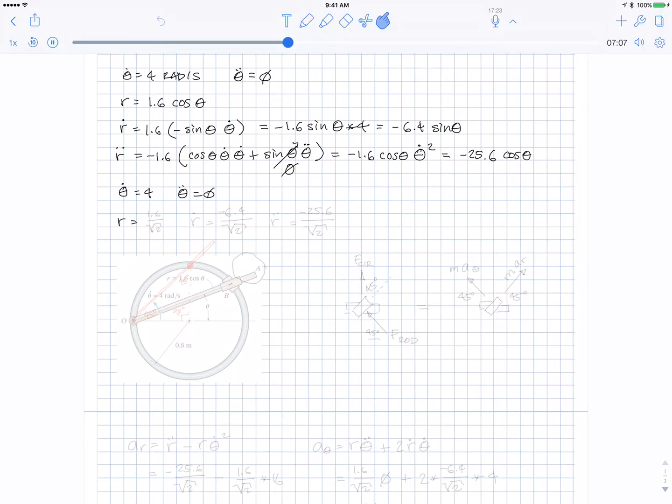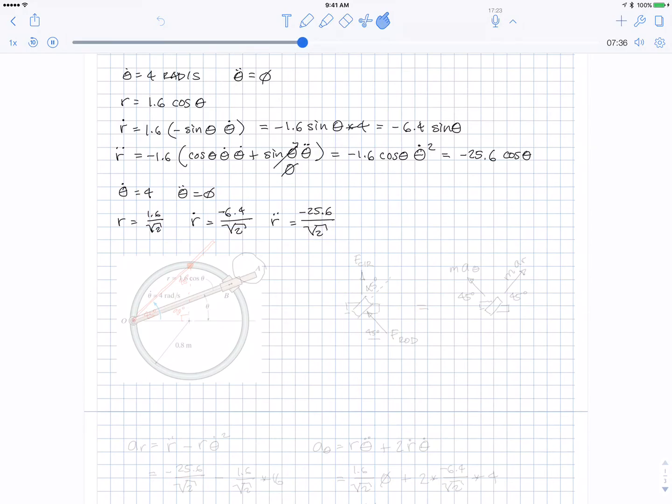R is 1.6 over the square root of 2. R dot equals minus 6.4 over the square root of 2. And R double dot equals minus 25.6 over the square root of 2. And hopefully when we plug things in, everything will come out nice.